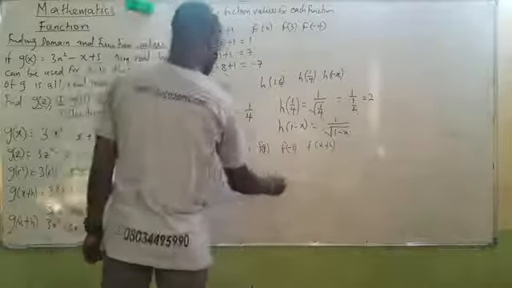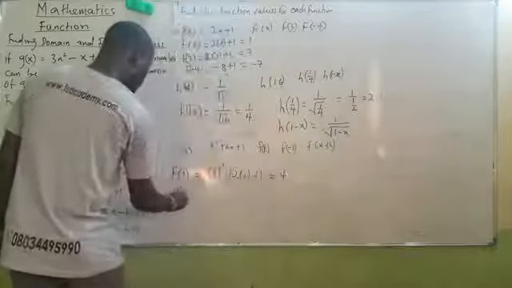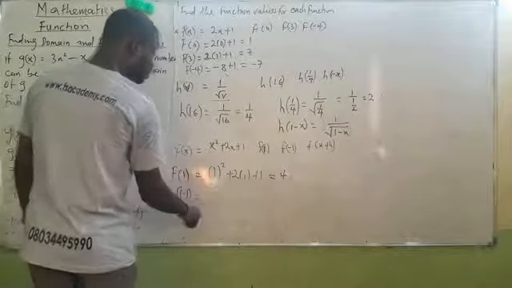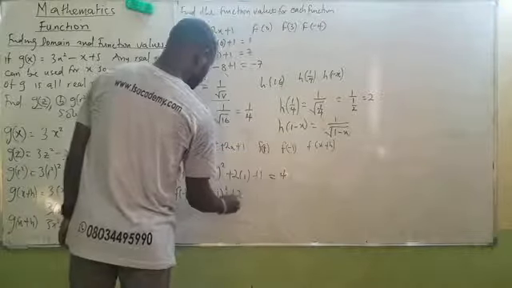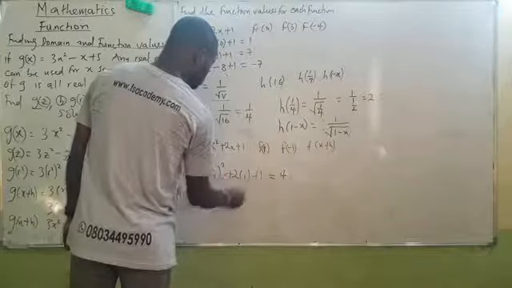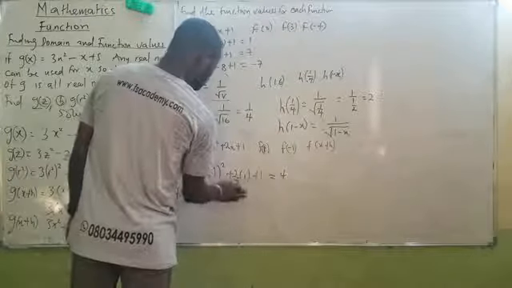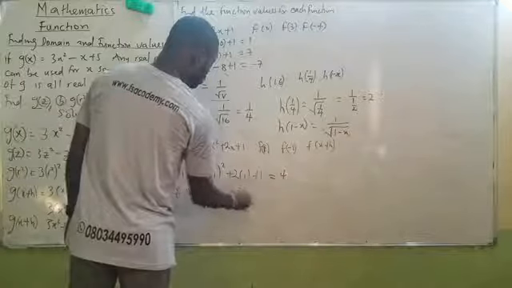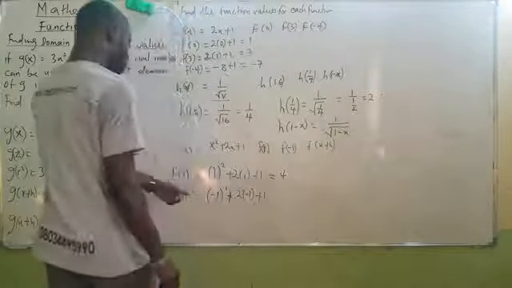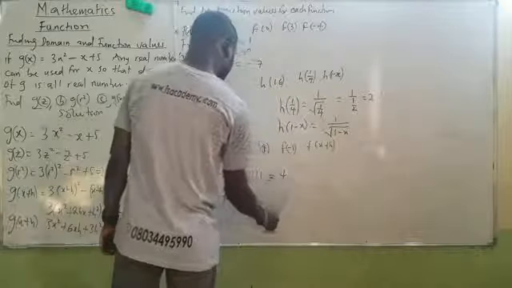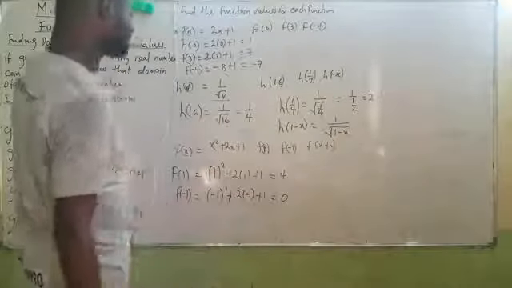It will be 4. Now, my f of minus 1 will be equal to minus 1 squared plus 2 bracket of minus 1 plus 1, which I'll be having 1 minus 2 plus 1. It will be 0. Now, what is asked for there?